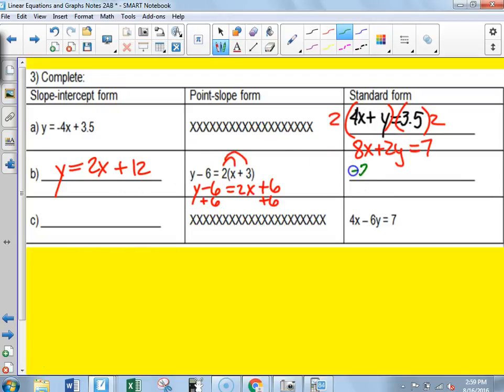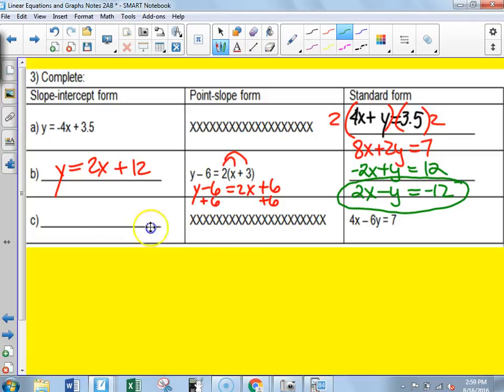So if we subtracted the 2x over to the other side, it would look like this, but we can't have a negative, so we got to change all the signs. 2x minus y equals negative 12. It's okay for B and C to be negative, just not for A to be negative. So if A turns out negative, you got to change all the signs so that A is positive. Everybody all right?